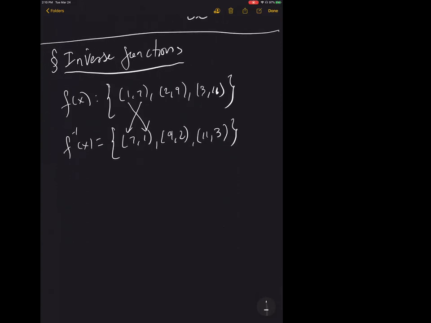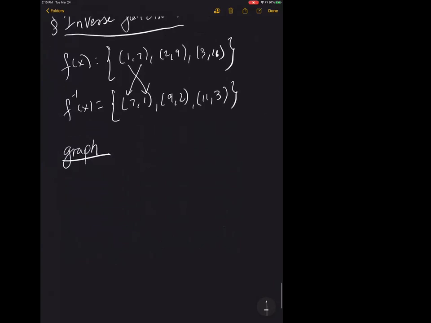The interesting thing is that when you have a graph and you have to find the inverse of a graph, you do exactly the same thing. So let's say I have a graph right here. Let's put some points. 1, 2, 3.